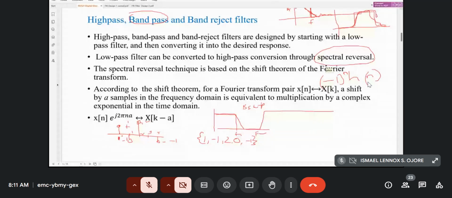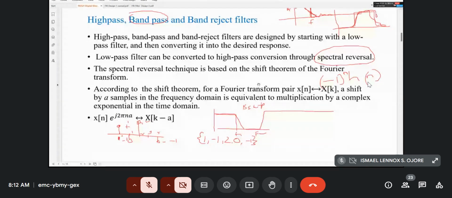And actually that spectral reversal is done very easily from the impulse response point of view, which is the time domain.